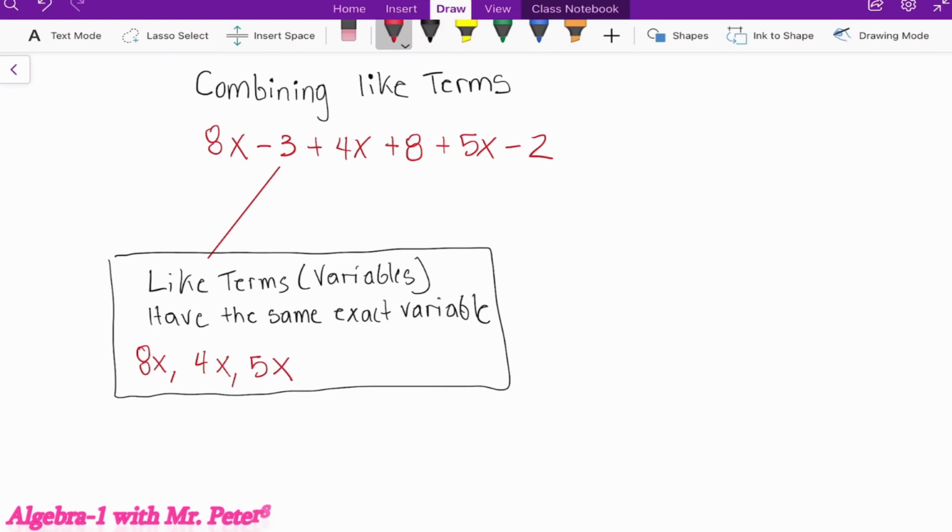Now, let's go over to the right-hand side and let's talk about our like terms for the constants, right? So these are constants. And what exactly is a constant? So a constant is just a number without a variable.